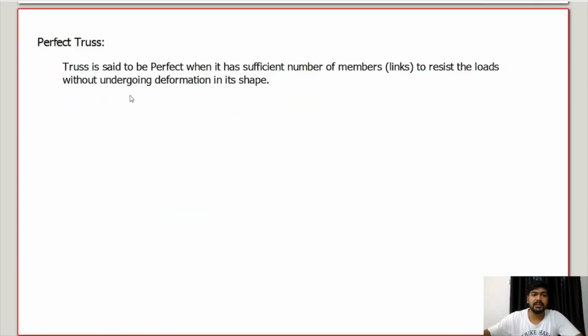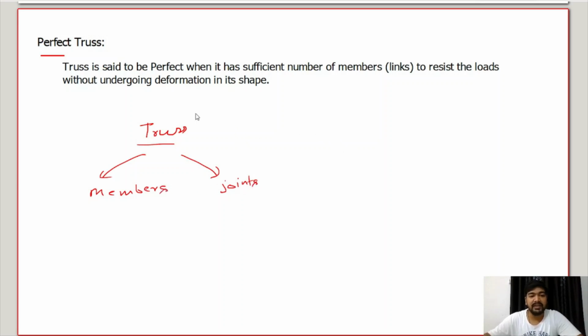So the next is perfect truss. When we say the truss is perfect, it has some conditions. As we know, the truss is made up of two things. First is the members, and next is the joints.